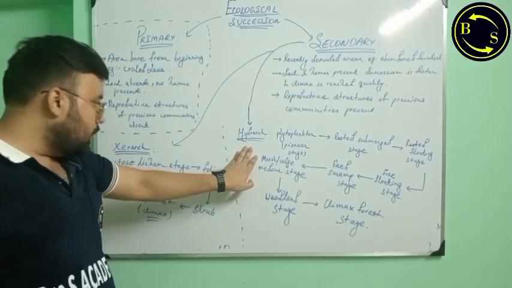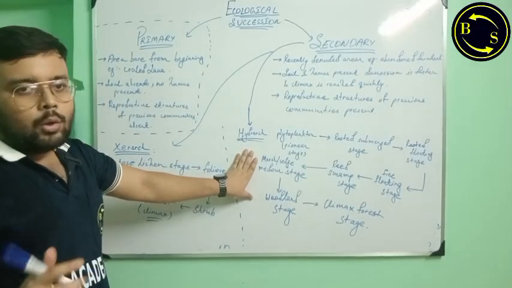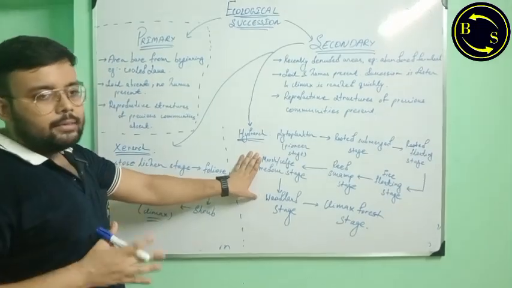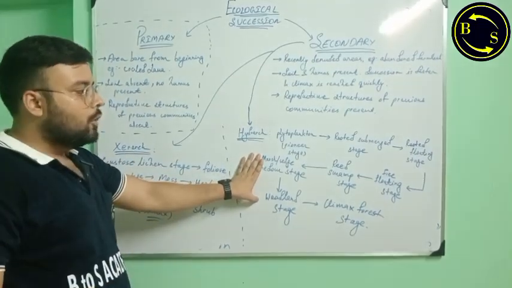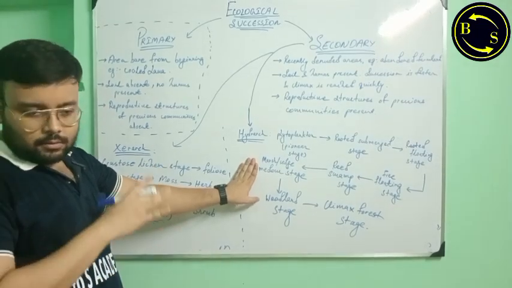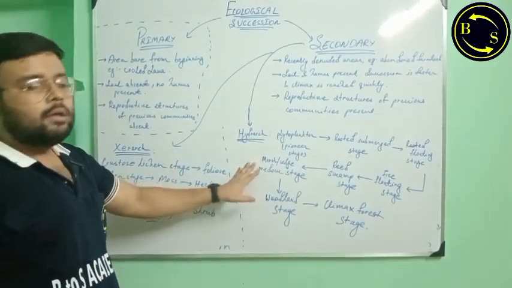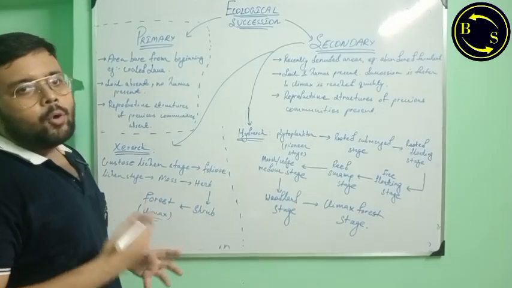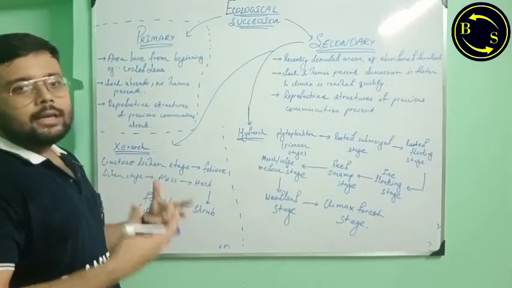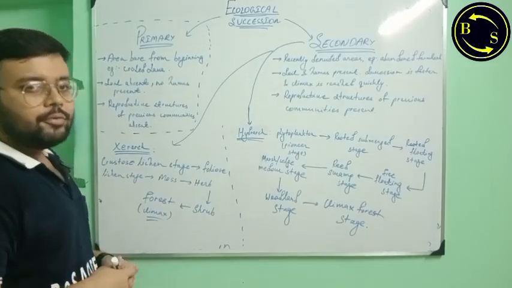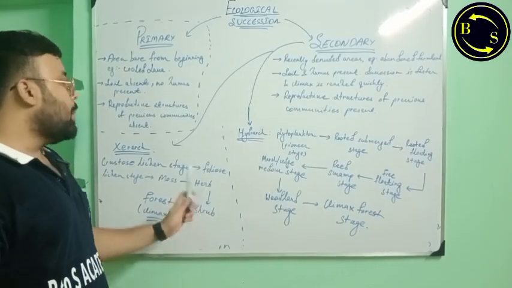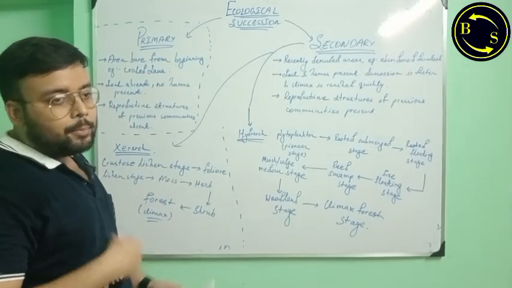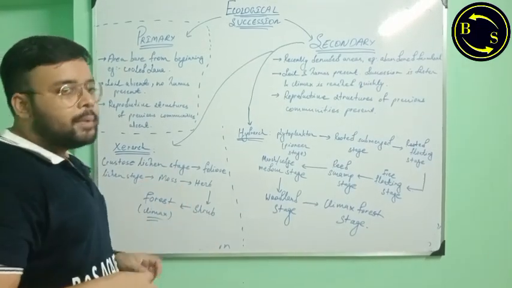In a water body where the hydrological parameters, the benthic zone, that is the lowest level of the water where the soil is present in the water body, the lower level of the water has already been modified and made suitable to sustain life and to harbor the stages of succession by the pioneer communities, or it has been previously occupied by some other climax communities.